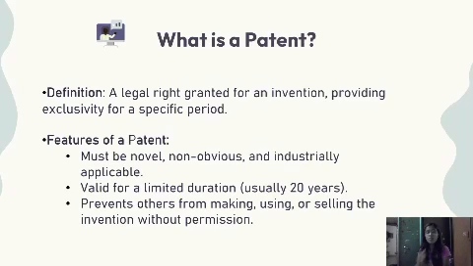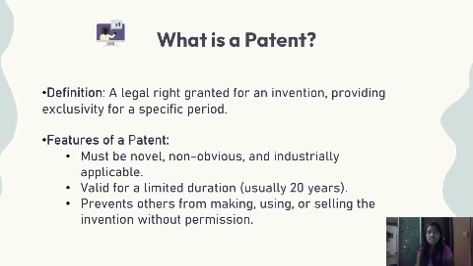Hence, it should be original, that is made by you. It should also be industrially applicable, that is, it should give some benefit to the industry. It should be some useful aspect in the industry.